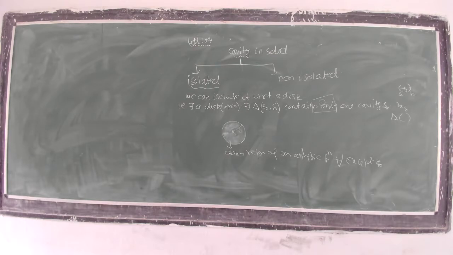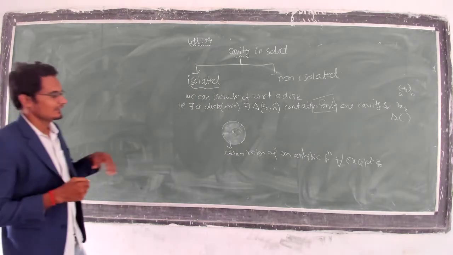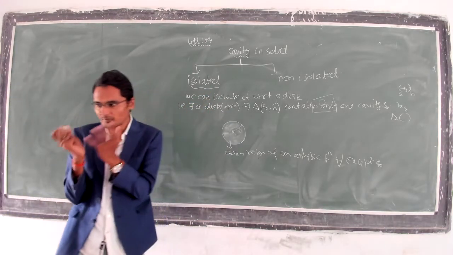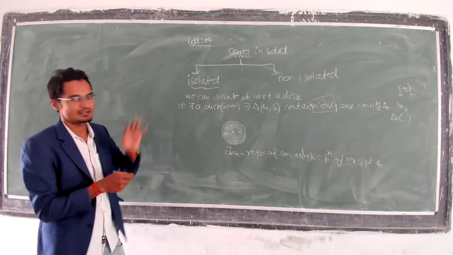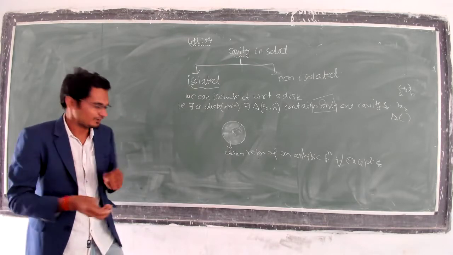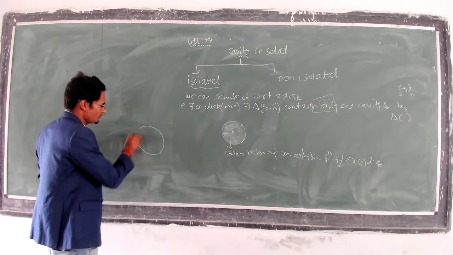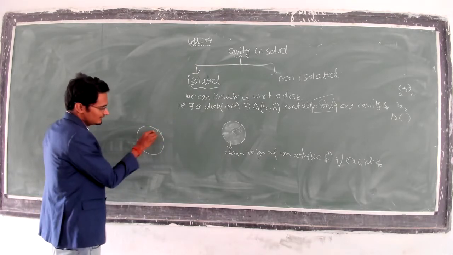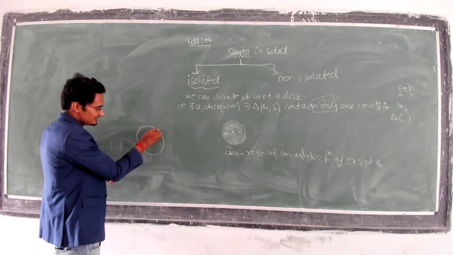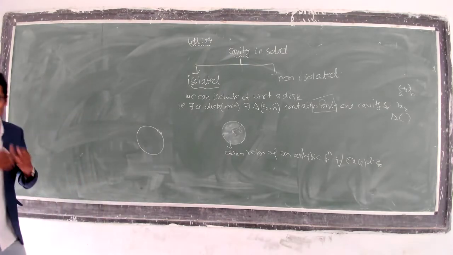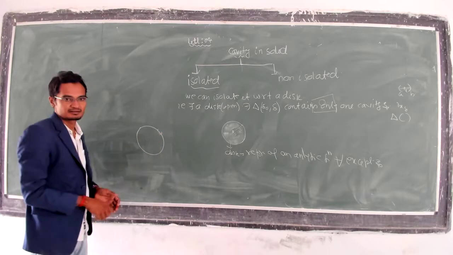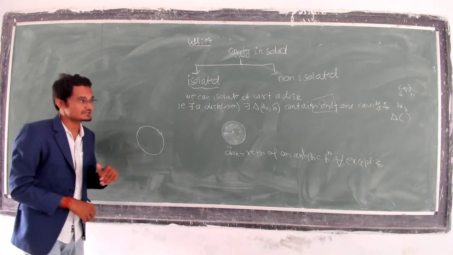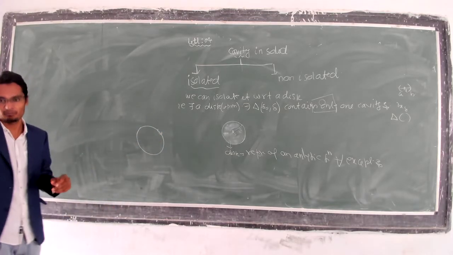You cannot maintain it. So if your bicycle tube is punctured at only one point, that is called isolated. If in this region so many punctures are there, there will be some gap. So this is not a puncture. Puncture means isolated, which is separate.